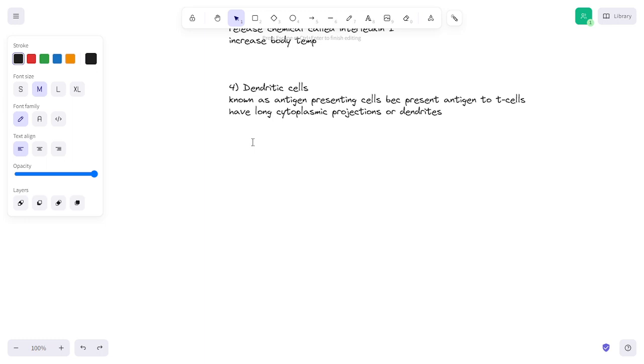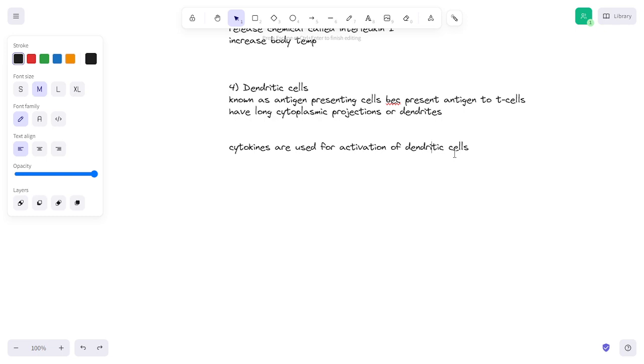Dendritic cells can migrate to the secondary lymphoid tissues such as tonsils, spleen, Peyer's patches, etc.